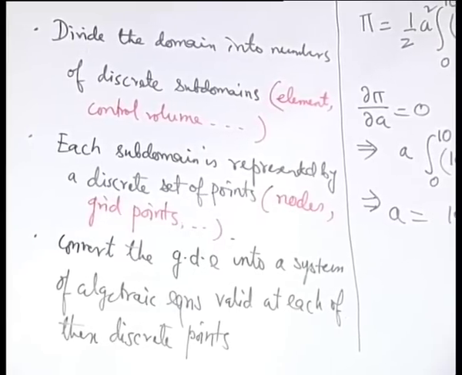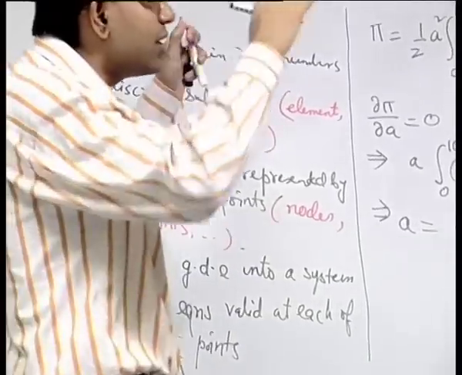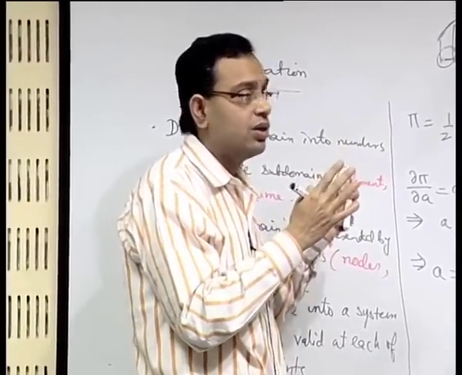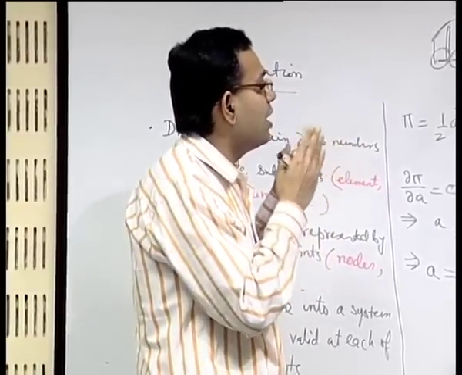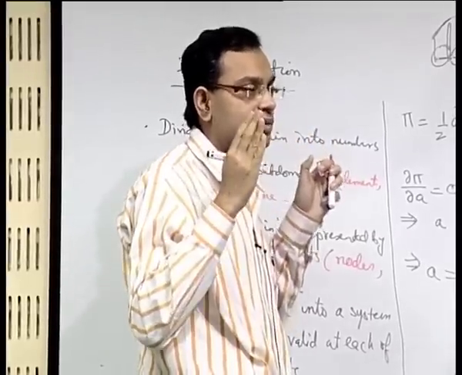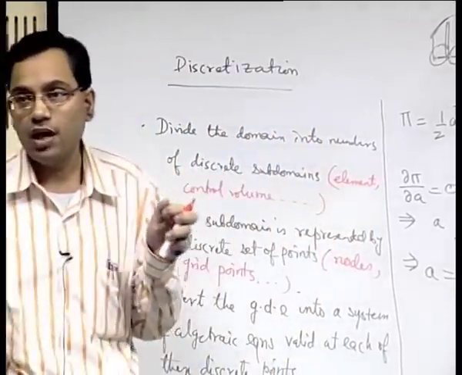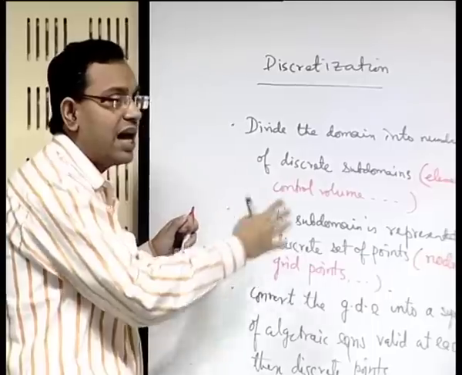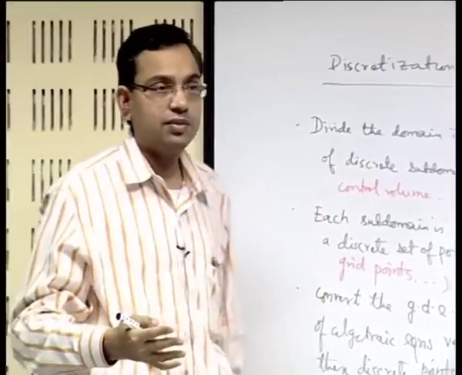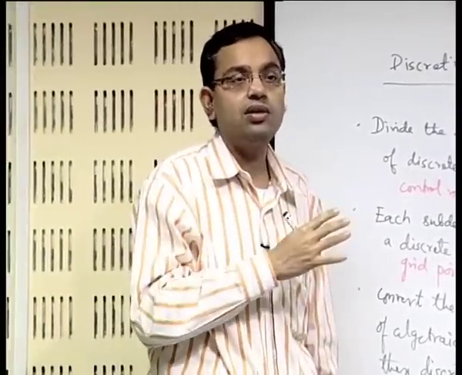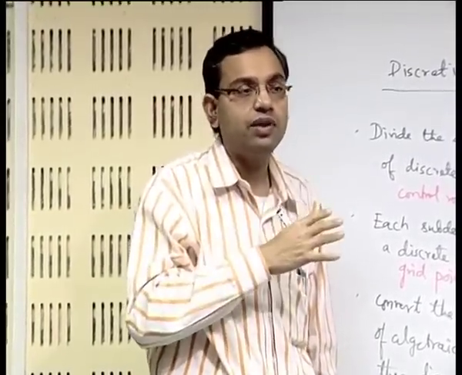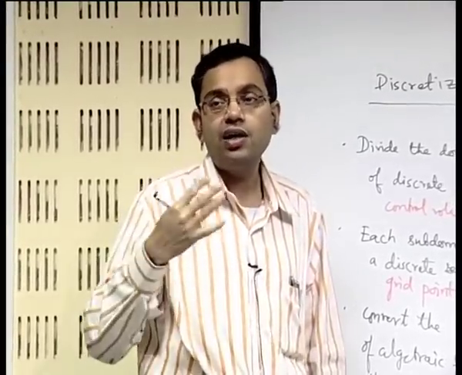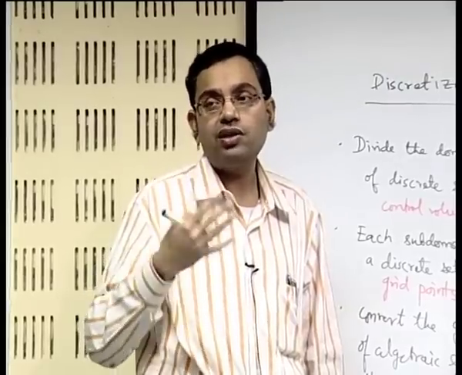You are losing the continuous nature of the solution and considering the solution to be obtained for a discrete set of subdomains or points, and for each of these points you write a system of algebraic equations. Your objective is to convert the ordinary or partial differential equation into a system of algebraic equations, and there you apply the particular method that you intend.